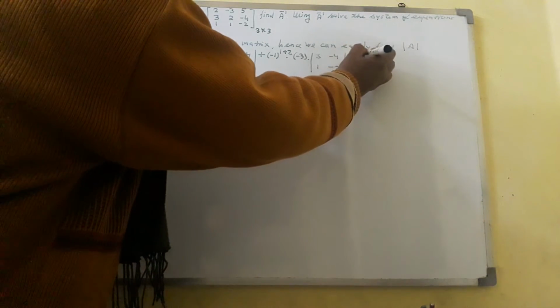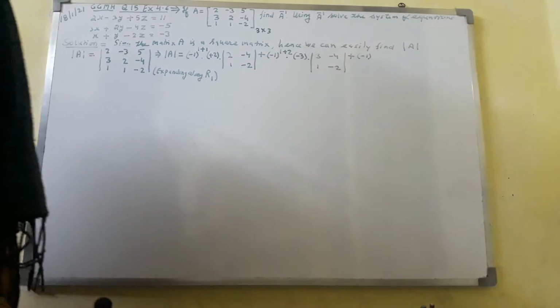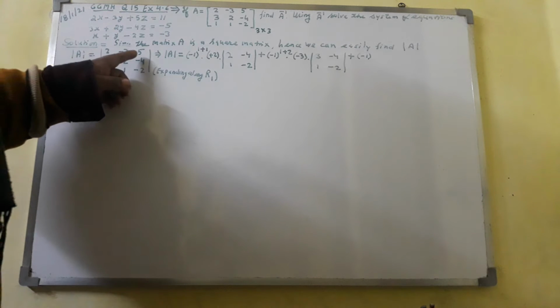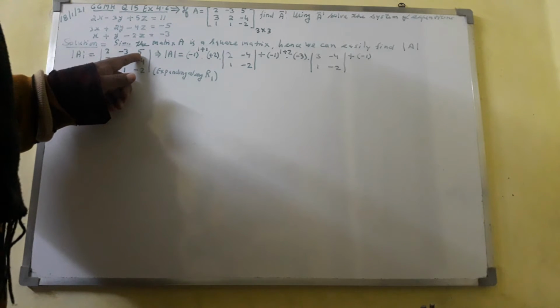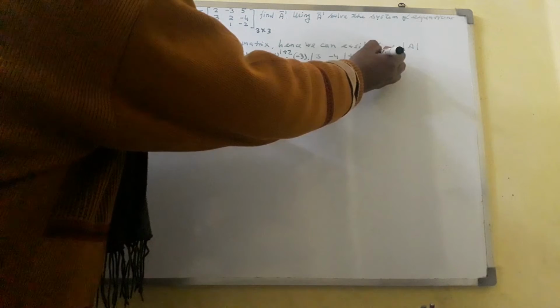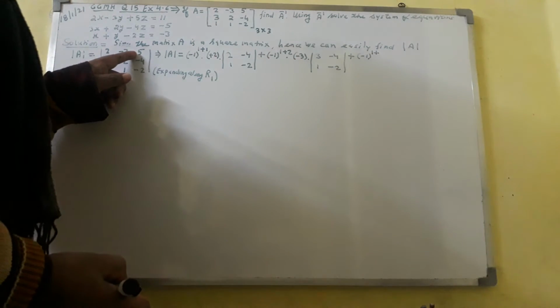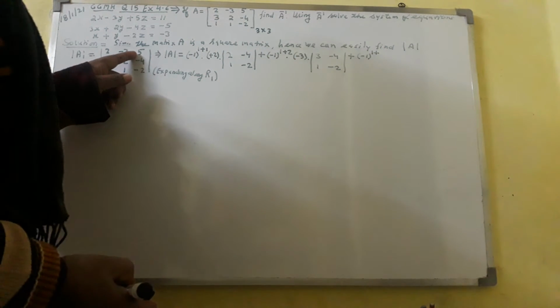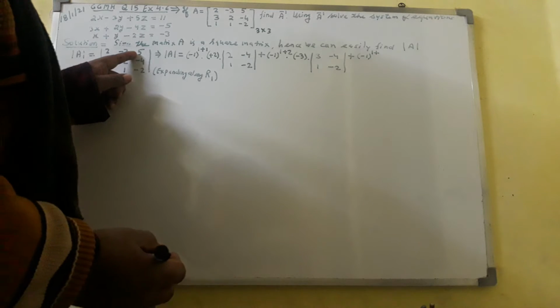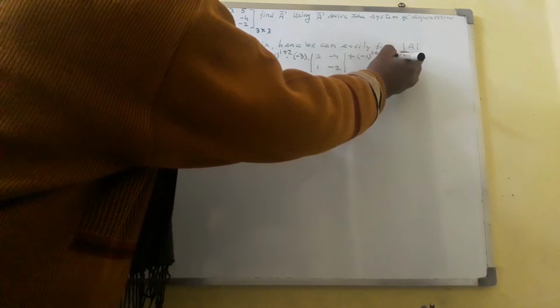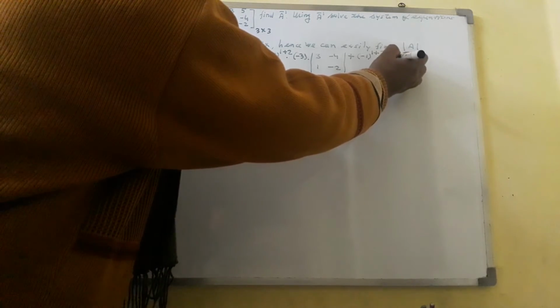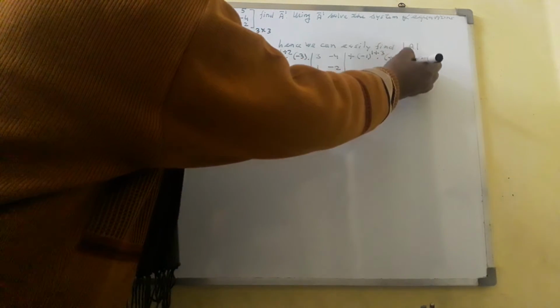here write minus 1 raised to power. Think about this element 5. 5 is there in first row, so for first row I shall write 1 plus, and 5 is there in third column, so for third column I shall write 3. Thereafter here write plus 5, dot.